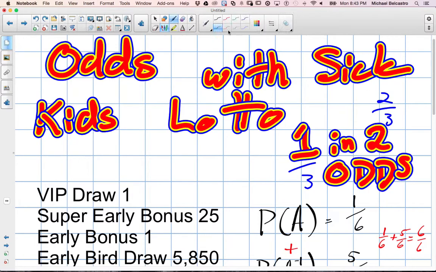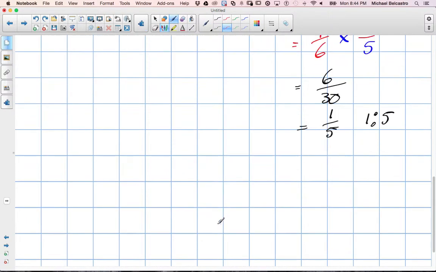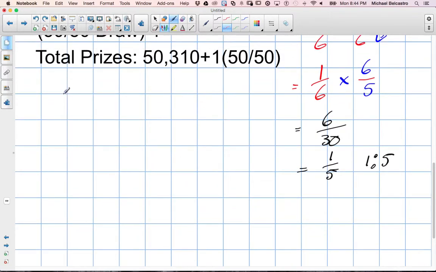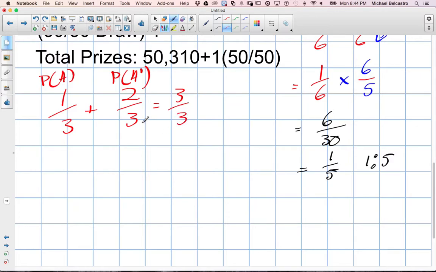So let's use that probability and see if we get the same odds. If it's a 1 in 3 chance in favor and a 2 in 3 chance against, remember they have to add up, and when we add them together, we get 3 over 3, so that works out really well. To calculate odds in favor of winning, we divide the values: 1 over 3 divided by 2 over 3.